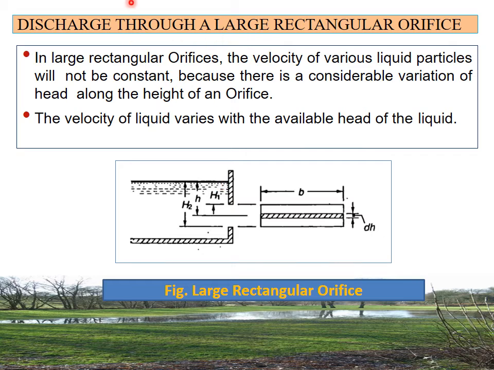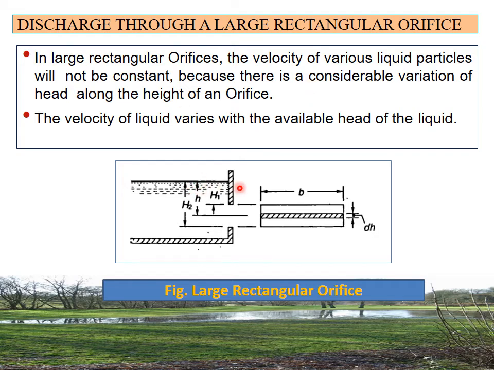Next, coming to discharge through a large rectangular orifice: an orifice is considered to be large if the head of water is less than 5 times the height of the orifice. It is interesting to know that the width of the rectangular orifice has nothing to do with the type of orifice.